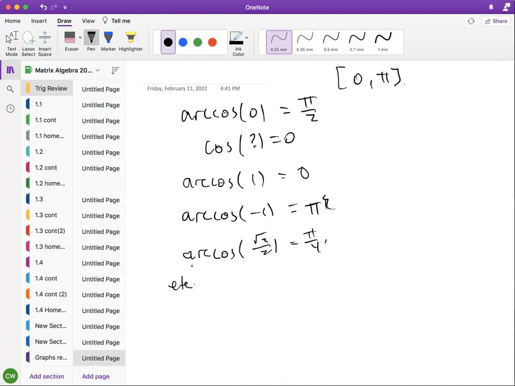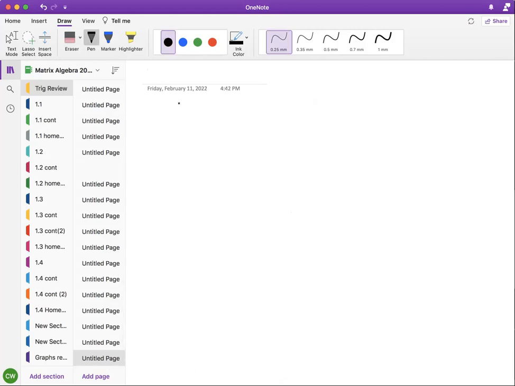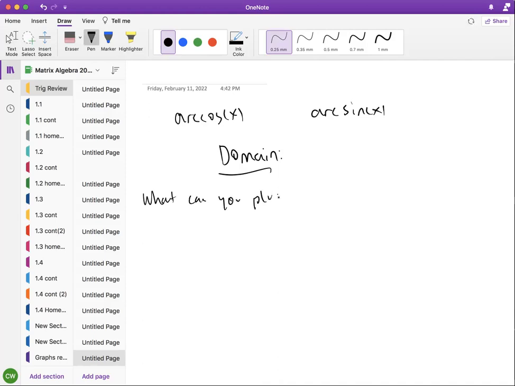So one thing to note about arc cosine and arc sine of x is about the domain. So what can you plug into arc cosine and arc sine?